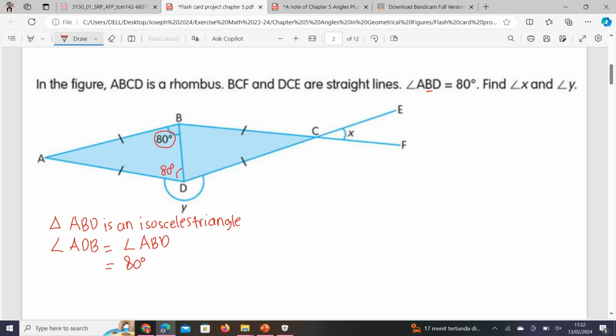Okay, now when you see the triangle ABD is an isosceles triangle, isn't it the same with triangle BCD? Yes, for sure. So the triangle of BCD is an isosceles triangle.